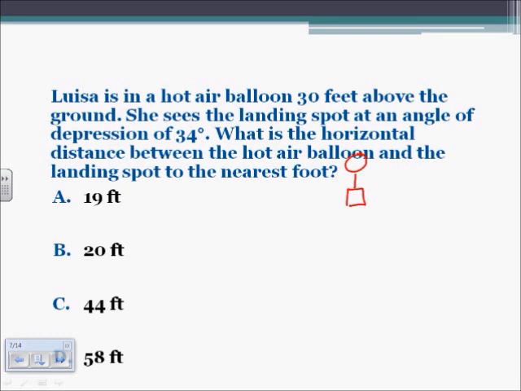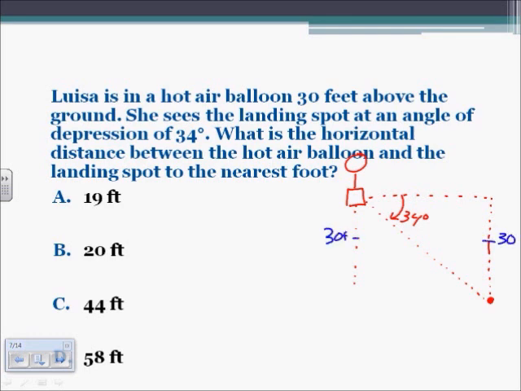So let's just project out, project down to a certain spot, and project going at a diagonal. So she claims that this is her angle of depression, being 34 degrees. It says that she is 30 feet above the ground, so with the same being on both the left and the right, if this is 30 feet, this is as well 30 feet.